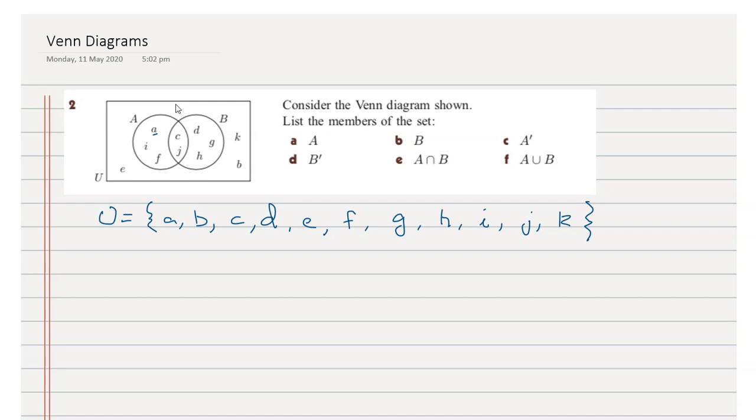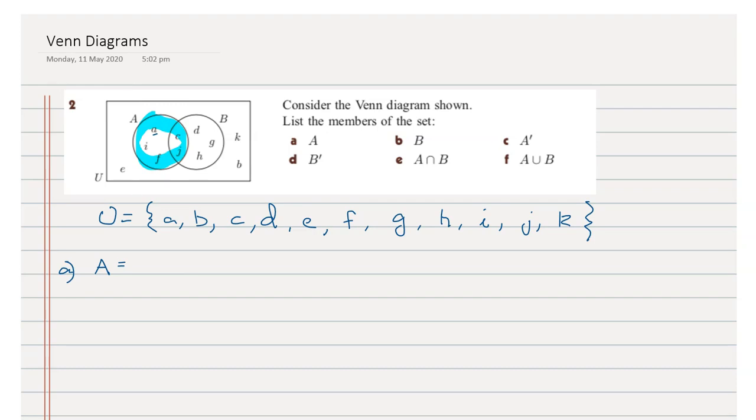Now jumping into the question, list the members of the set. So for part A of the question, it's asking what's in set A. Well, looking at the question, set A is associated with all of the contents inside this circle here.